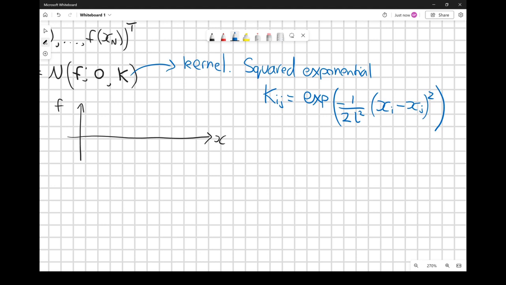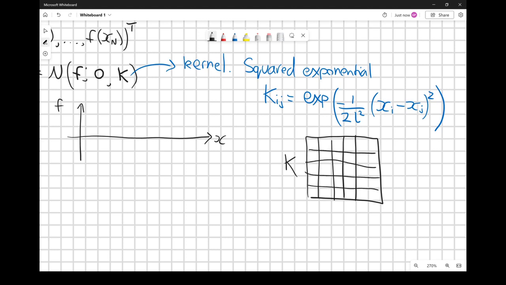So what does this really mean? Let's say that this is K, our covariance matrix, and these are different elements within it. All these diagonal elements will be equal to 1. The closer xi is to xj, the higher the value of these elements will be.